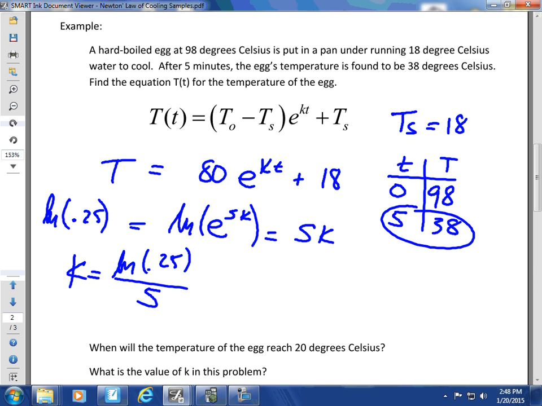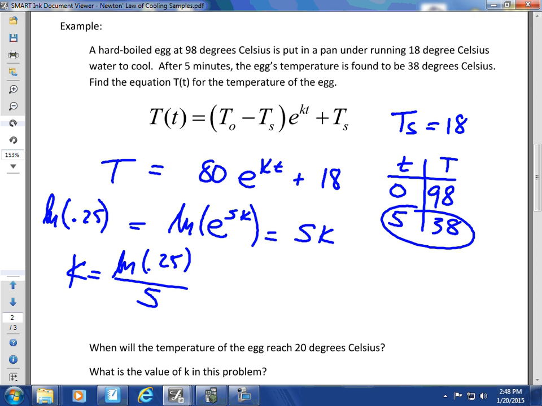All right, now I'm going to go to my calculator and I'm going to put that value in. I'm going to take a look at the function we've created. So natural log of 0.25, my k value here is negative 0.2772588722.